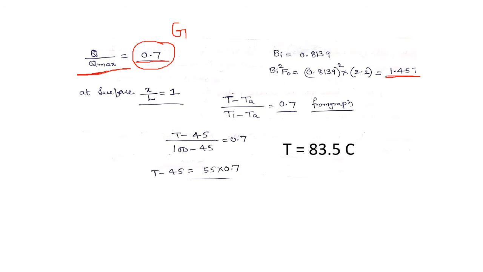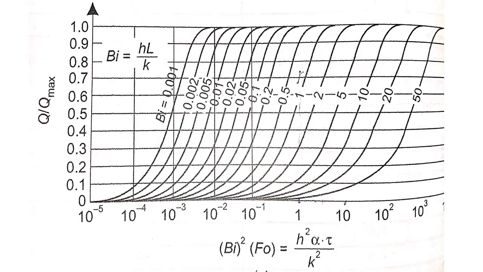So how have I calculated this q divided by q maximum value as 0.7? Let me come to this graph. Again here the notations are different in the data handbook. Here they have given Biot number squared into tau, where tau indicates the Fourier number.